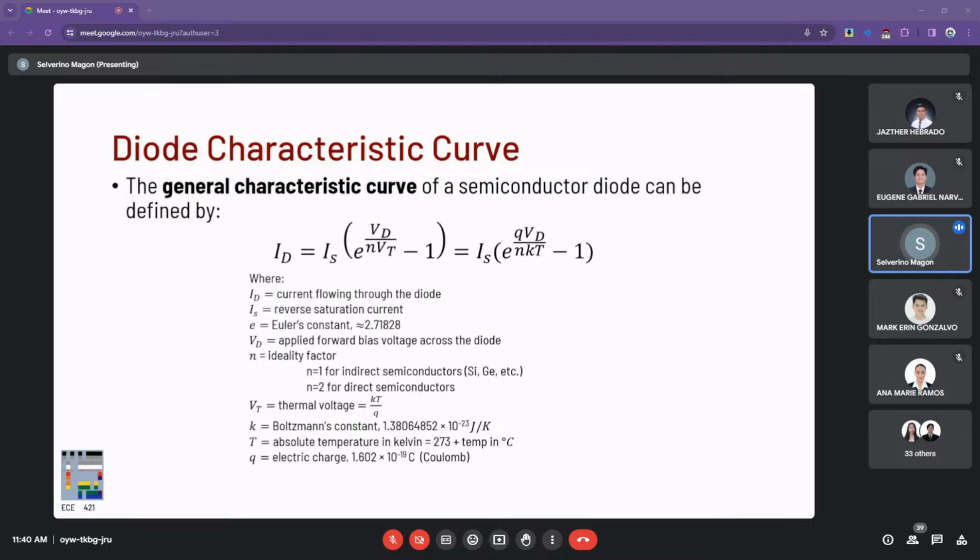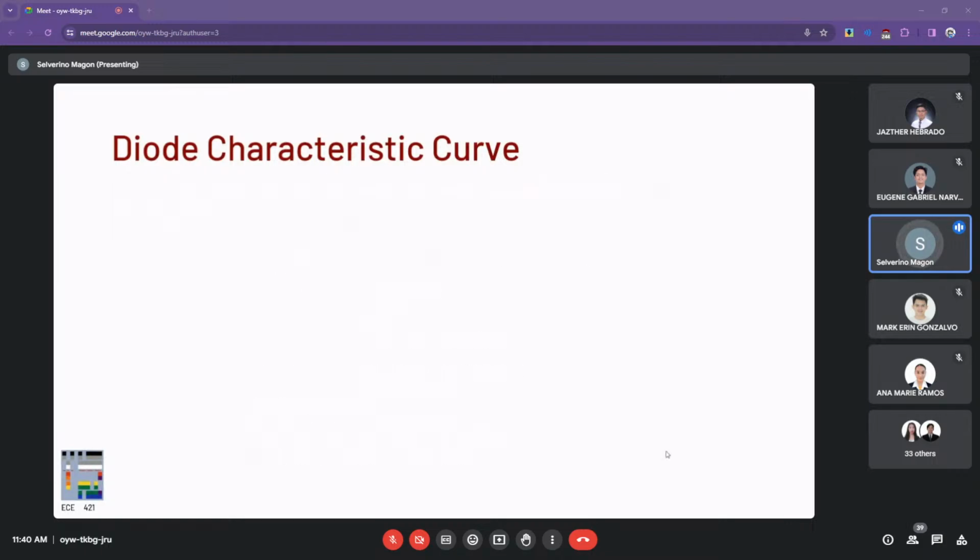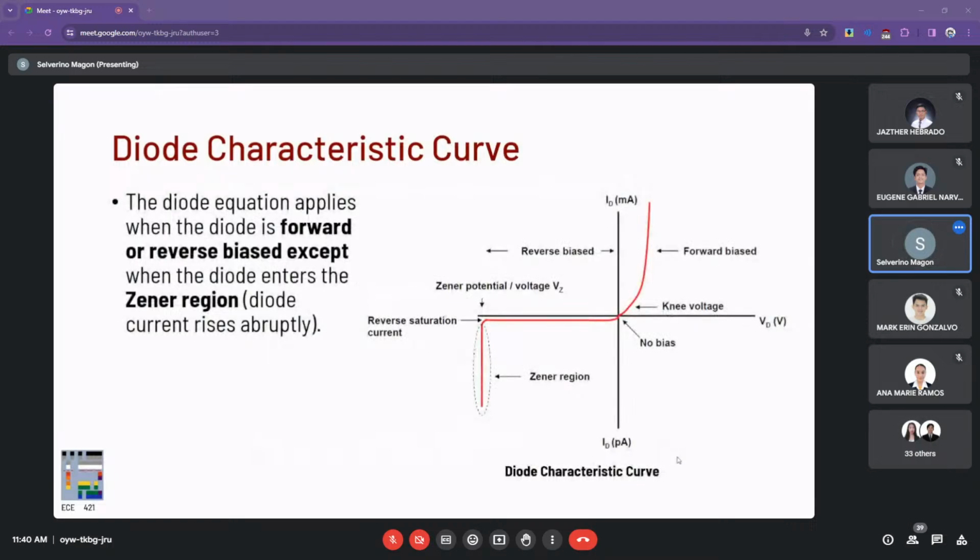Okay, so the equation applies for the case of the forward bias region and the reverse bias region, but not in the Zener region. So this is a different case now.